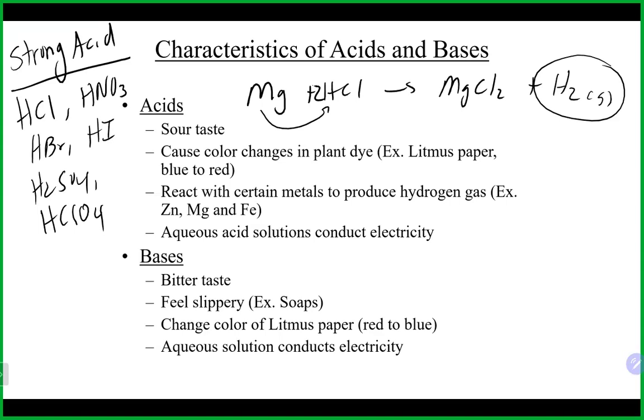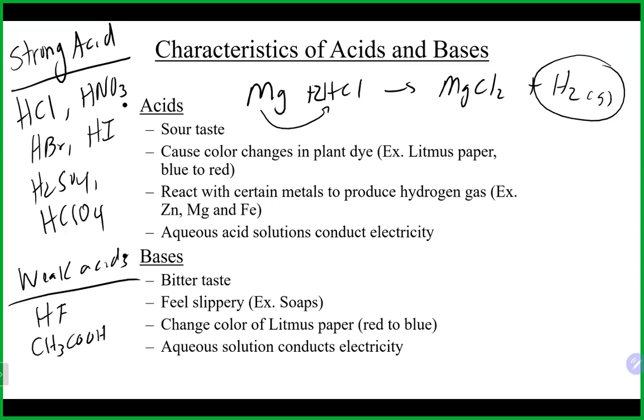You do come across it a lot in all the chemistry classes you're going to take. But if you know these 6, you could use this list as a process of elimination for anything that is not one of those 6. So if you come across an acid that is not one of those 6, it's probably a pretty safe bet that that's a weak acid. So for example, some weak acids: hydrofluoric acid, acetic acid.